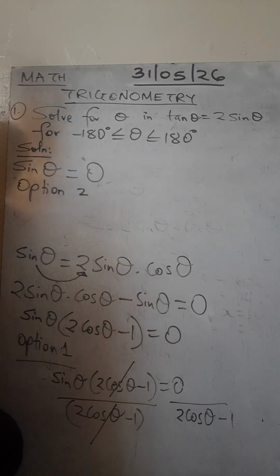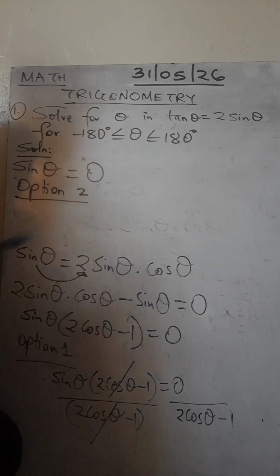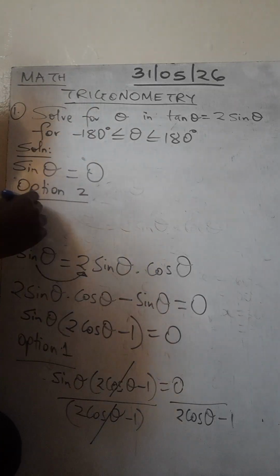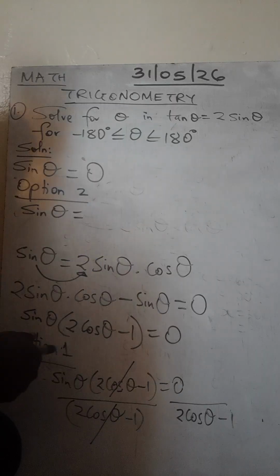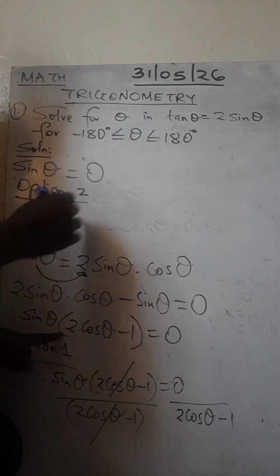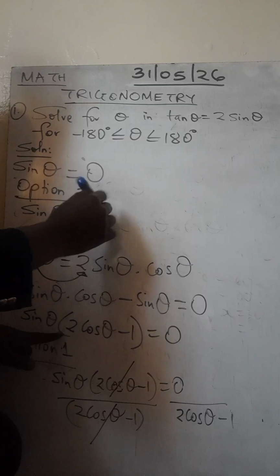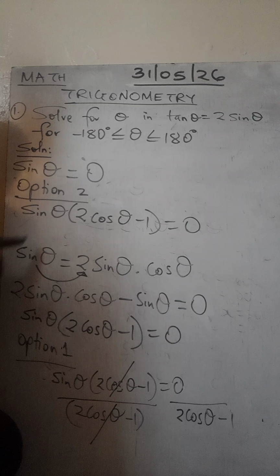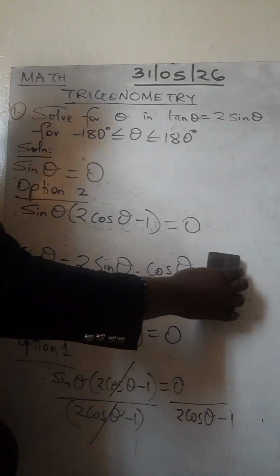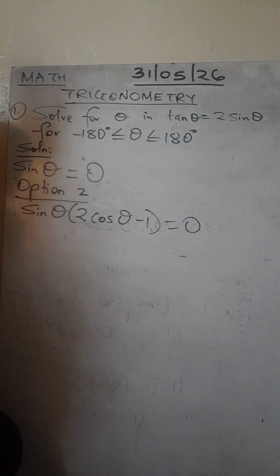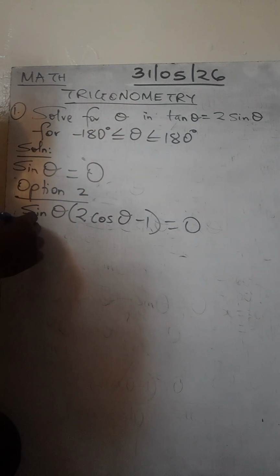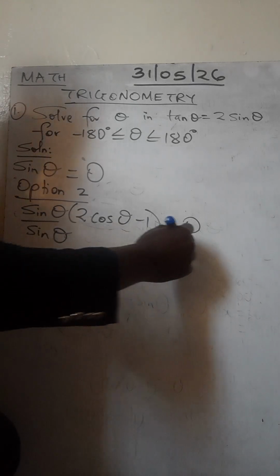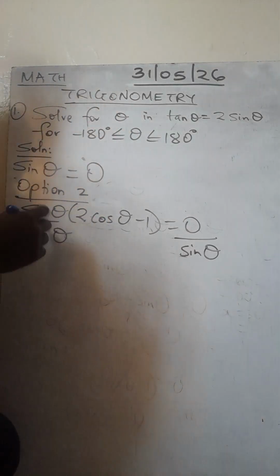Option 2, we divide both sides by sine of theta. So sine of theta into 2 cos theta minus 1 equals 0. Divide both sides by sine of theta, this cancels this.